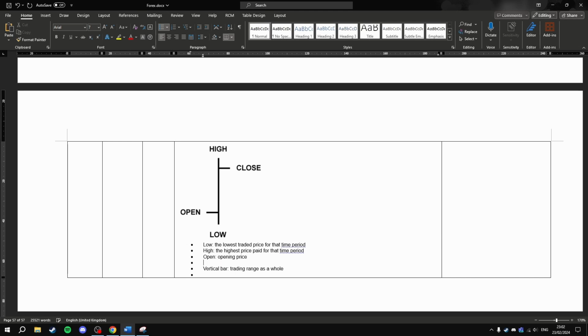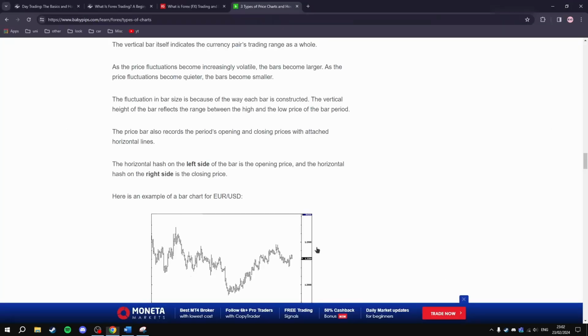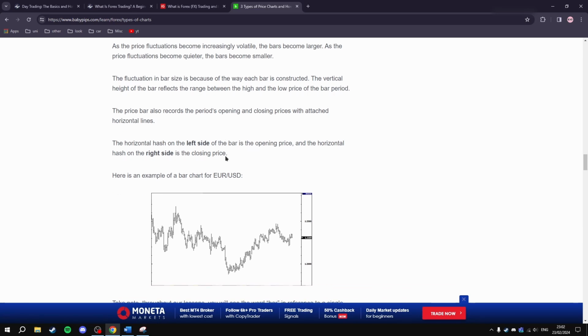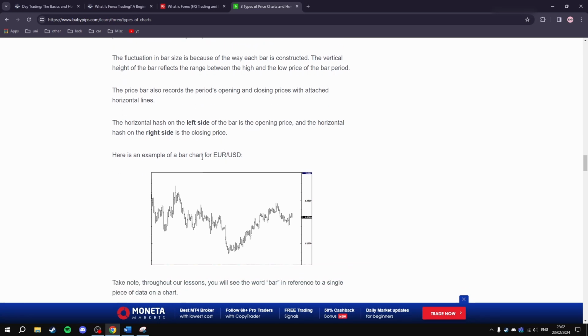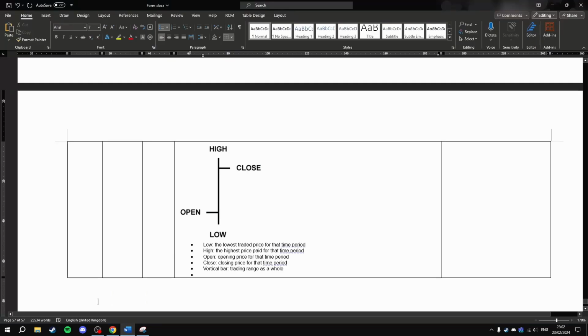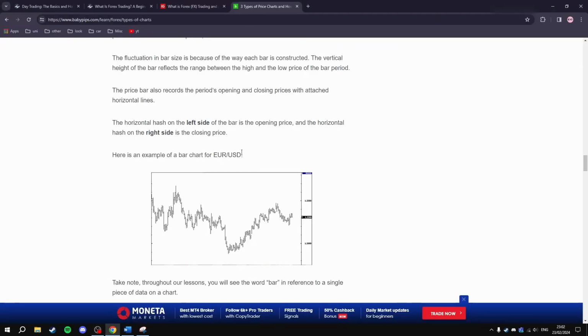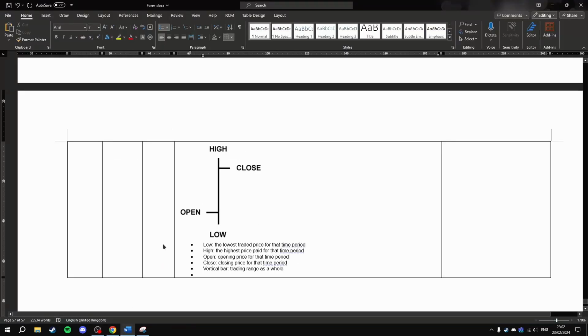The horizontal hash on the left side of the bar is the opening price, and the horizontal hash on the right side is the closing price.